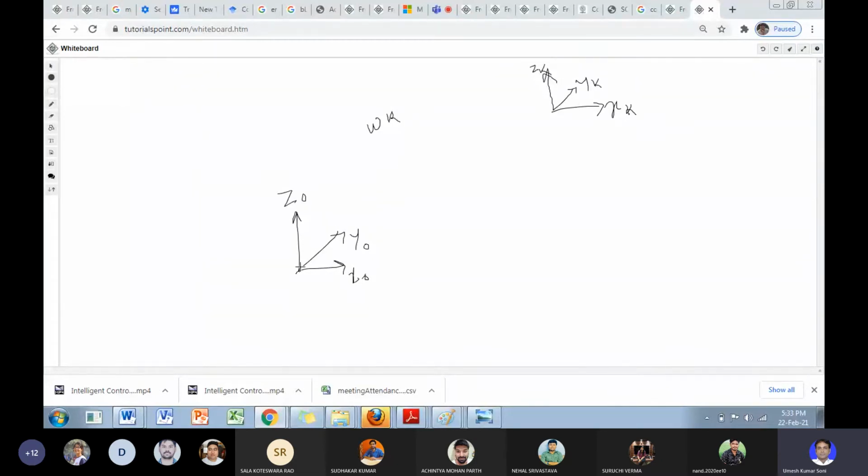And this is the position of the center of mass of the link. This is angular velocity and this is linear velocity. Do you know angular velocity and linear velocity are mutually perpendicular?